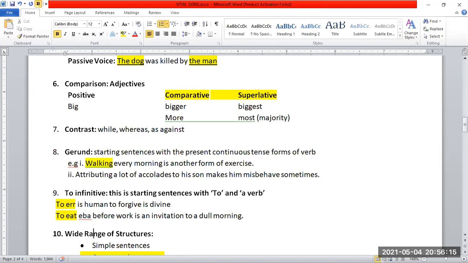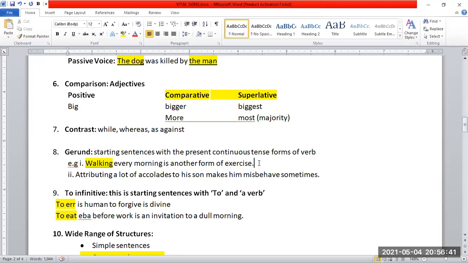So number 8, gerund. A gerund is when you start sentences with the present continuous form of a verb, basically using the verb in the form of a noun. Working every morning is another form of exercise.